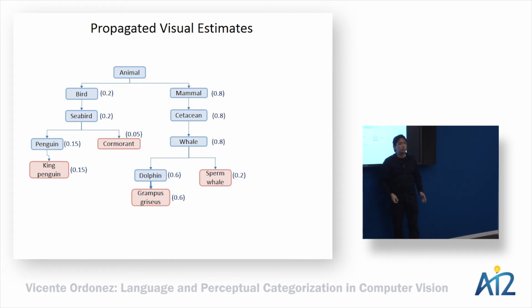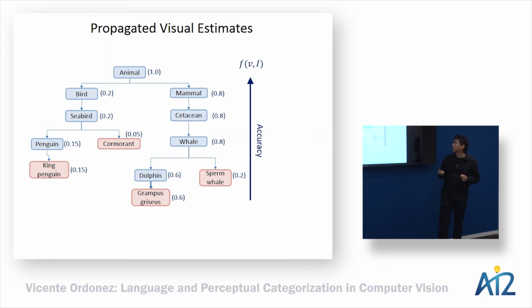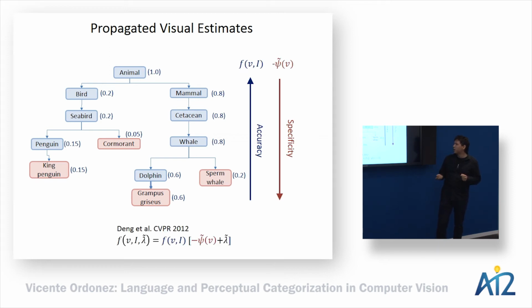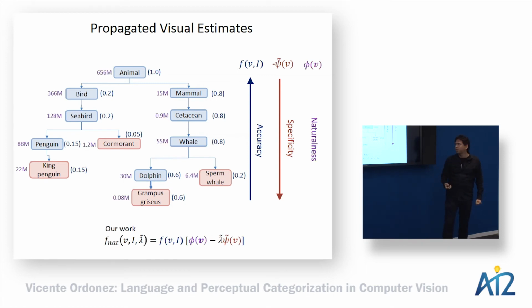Imagine that you're only dealing with pictures of animals; then saying animal all the time will get you the right answer all the time, but will not be very informative. So there is this paper in 2012 by one of our collaborators who worked on how to trade off accuracy and specificity, or how to output the words in this tree structure that maximize some accuracy, so you don't make a lot of mistakes.